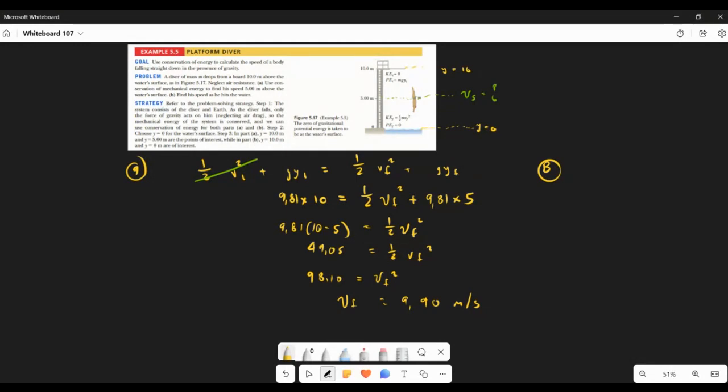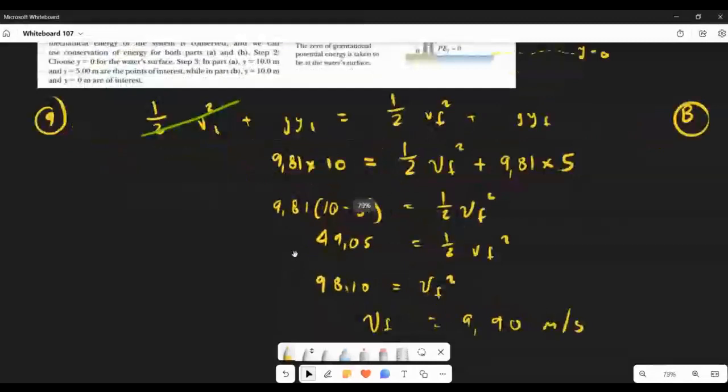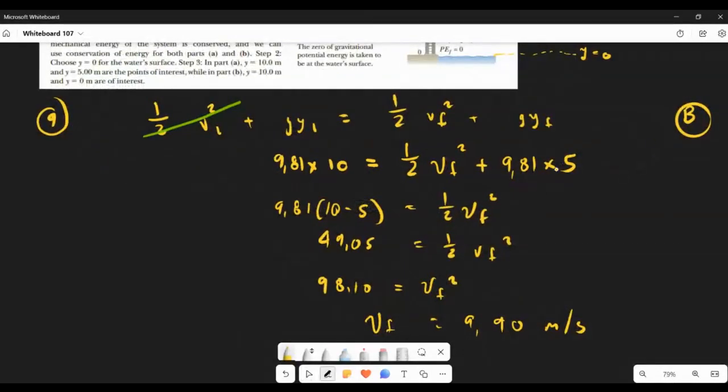Can you explain the last part, so from 10 to 5? Okay, all I'm doing is this. I'm bringing over this part to the left-hand side of the equation. I'm just taking a common factor of 9.81. I just use 9.81 as the gravitational acceleration, I could use 9.8. So you have 10 minus 5. I'll just further explain it here.